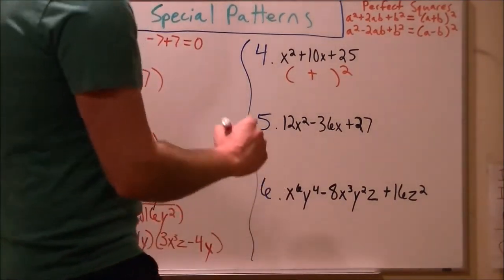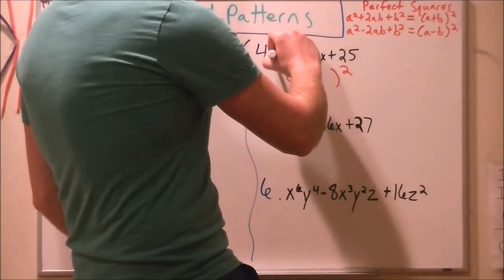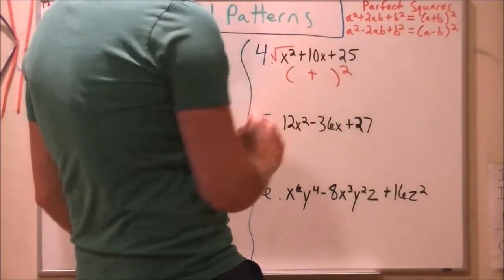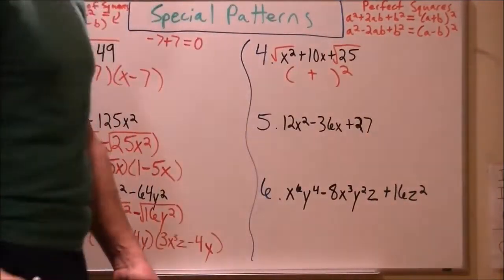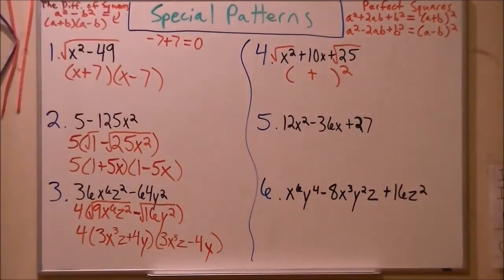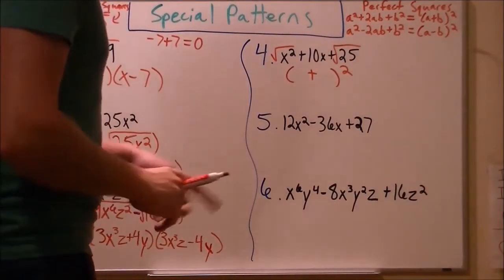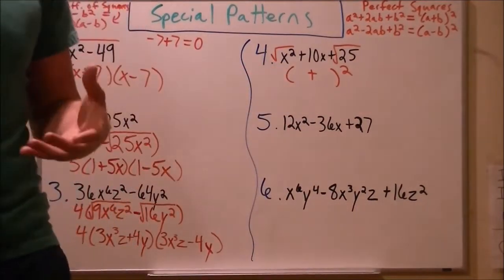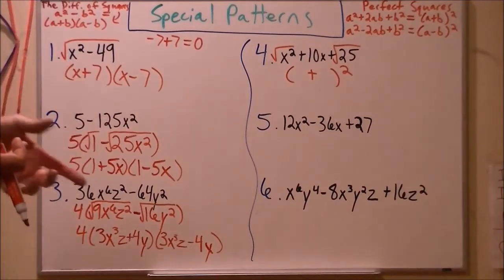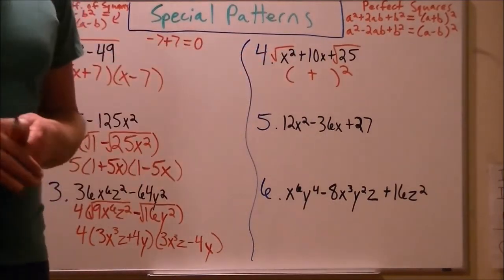Okay, look, all I have to do for absolute perfect squares is to square root the first term and square root the last term. Okay? What is the square root of x squared? In other words, whenever we do variables with exponents, we divide the exponent by 2.